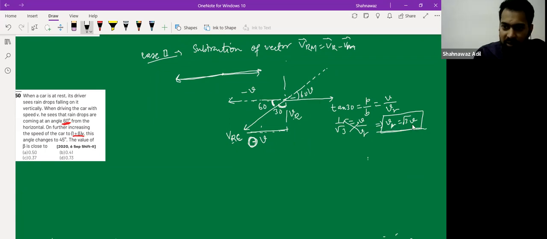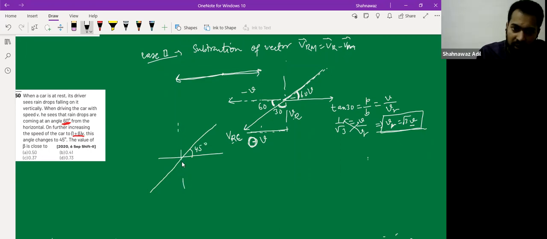when the angle appeared to be 60 degrees. Now we will use the second condition: the rain is seemingly pouring at an angle of 45 degrees. So this is the effective diagram. This is the velocity with which the car is moving now.